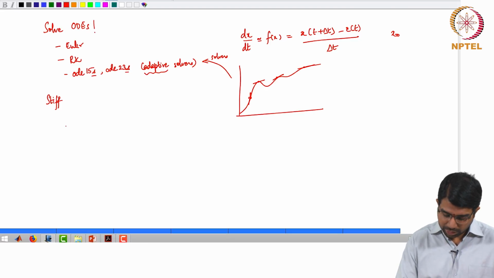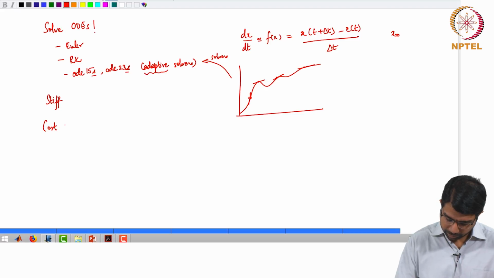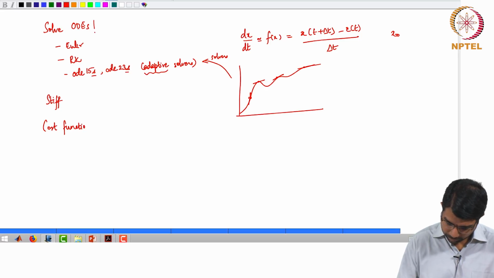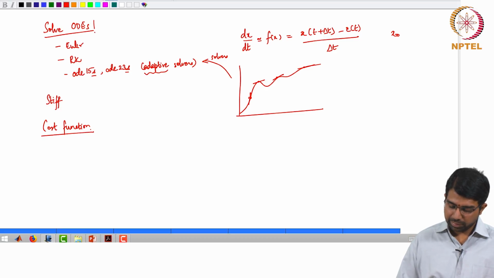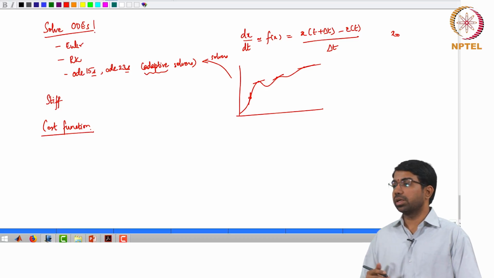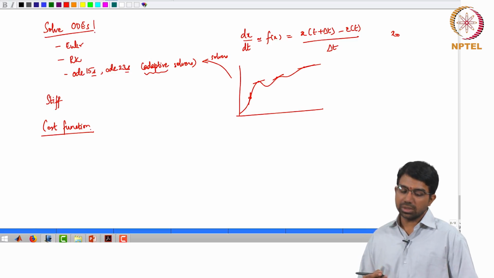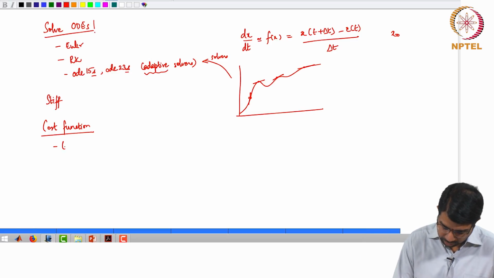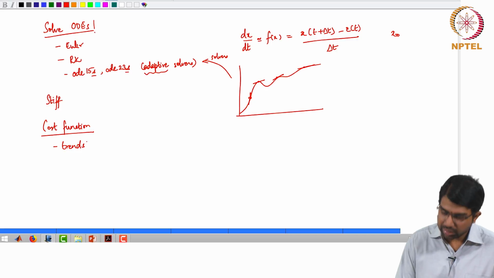And then we looked at cost function. We basically said we have to worry about several things. First thing is, as one of you mentioned, trends in the data.